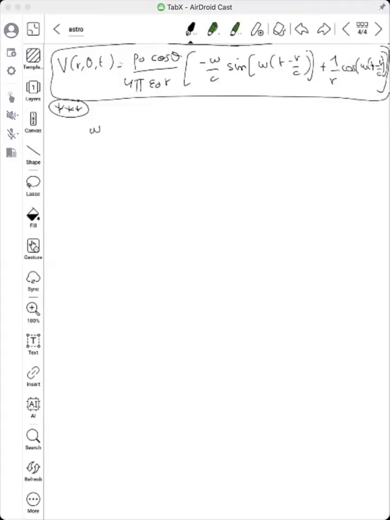If I bring the pulsation to 0, this is actually the static limit, right? Then V goes to P0 cos theta over 4 pi epsilon 0 r squared. Do you agree with this? You should agree. And this is a stationary dipole.